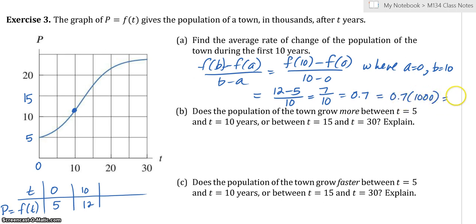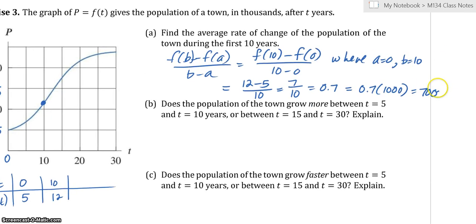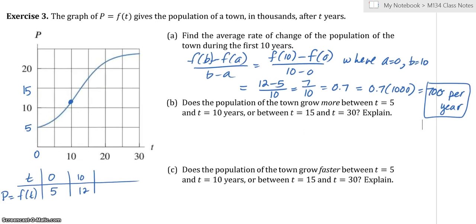Or you do that on your calculator, 700 people per year. So the average rate of change is what they're asking for here. The average rate of change is 700 people per year in the first 10 years.